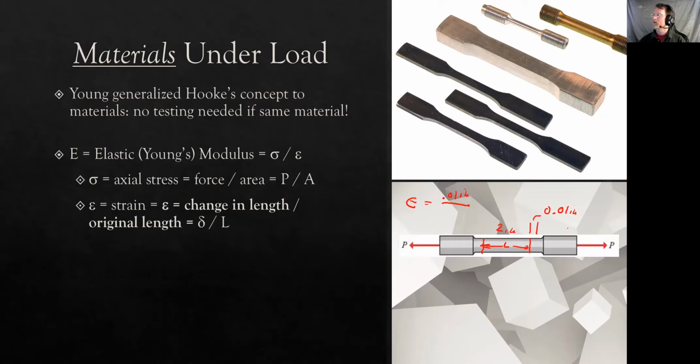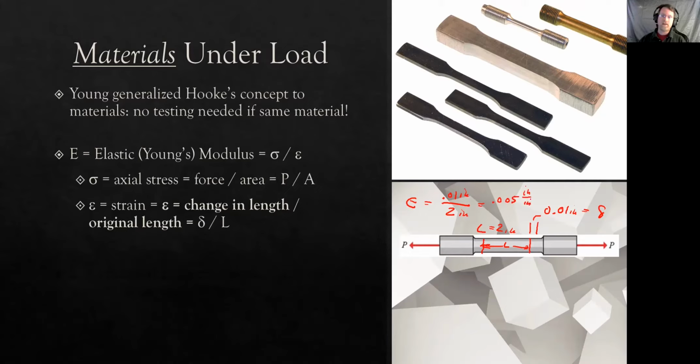So that's the delta, the lowercase delta. Our original length is 2 inches. So our strain is 0.01 divided by 2, which is 0.005.